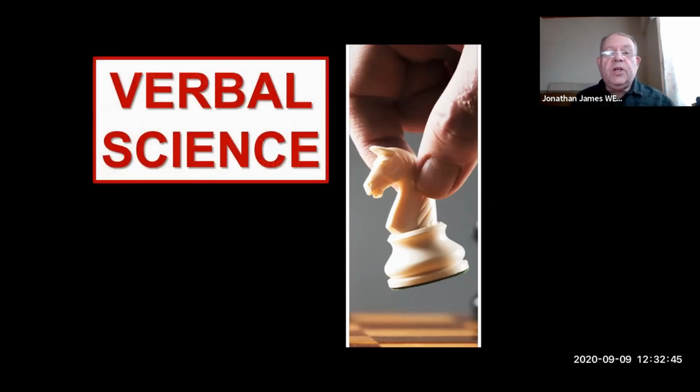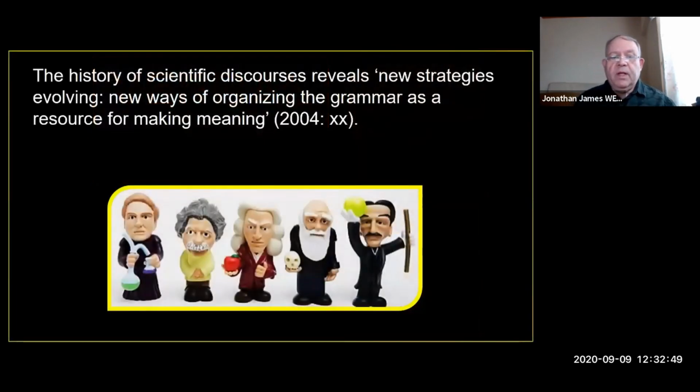We looked at that in terms of verbal science. Now, we've just been talking about the ontogenetic development of the individual, leading at one age in this chronological development from generalization to abstraction to metaphorical.